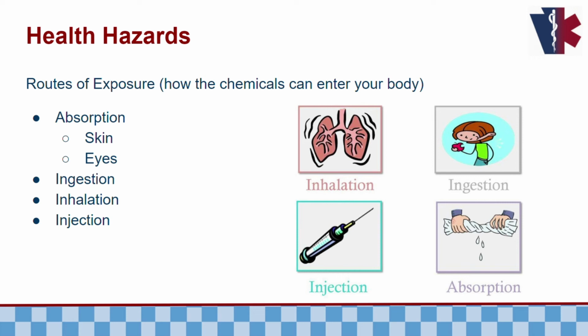Inhalation occurs when the chemical enters the body through breathing. Injection occurs when the chemical enters directly into the bloodstream. It does not have to be through a needle puncture. Other types of cuts and injuries can cause injection exposures.